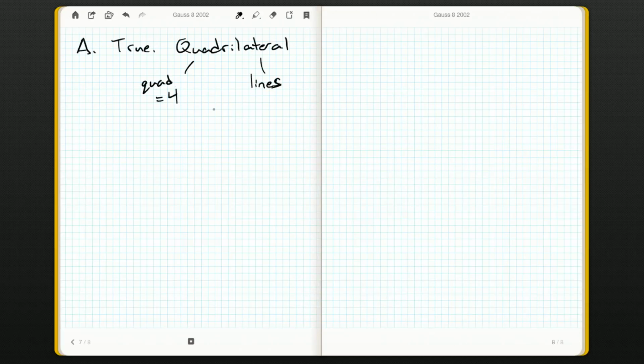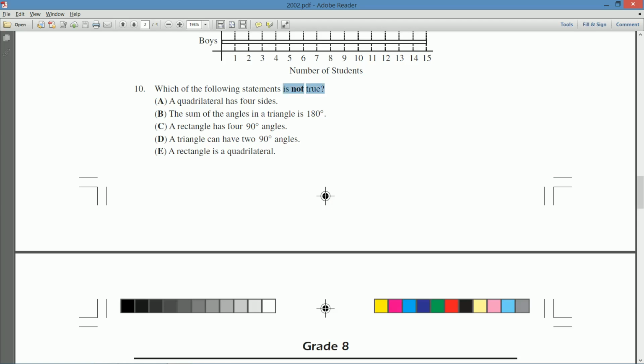So 4 lines, absolutely. A quadrilateral has 4 sides. Okay? So A is true, and that means that's not the one we want. We want the one that is not true. Quadrilateral has 4 sides. Yeah, that's what quadrilateral almost literally means.